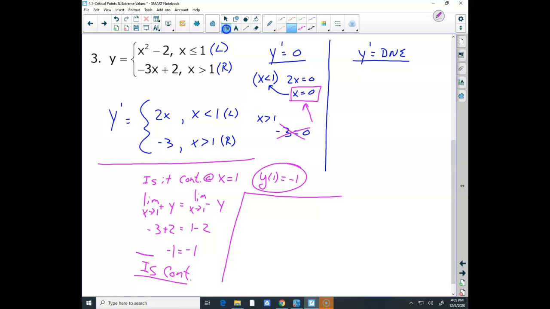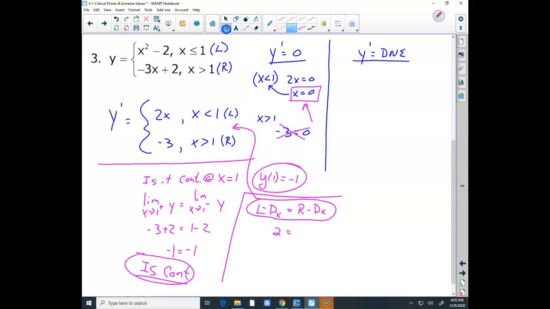If it were a discontinuity, if it did not come together, I could automatically say x equals 1 is a critical value. Now I have to check, does the left derivative equal the right derivative? All I have to do to check differentiability is come into my derivative. What is the derivative at 1 on the left side? It's going to be 2 times 1, so that derivative equals 2.